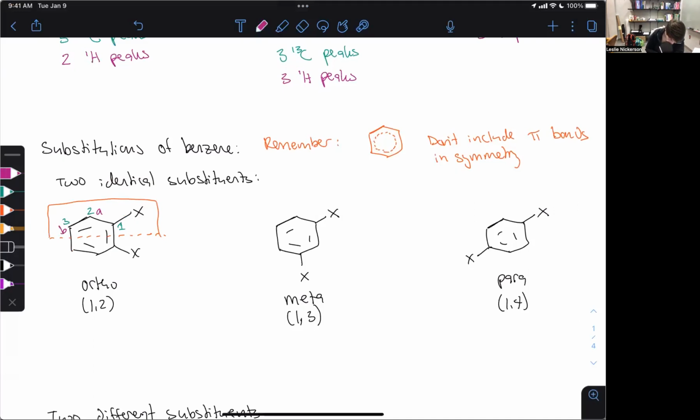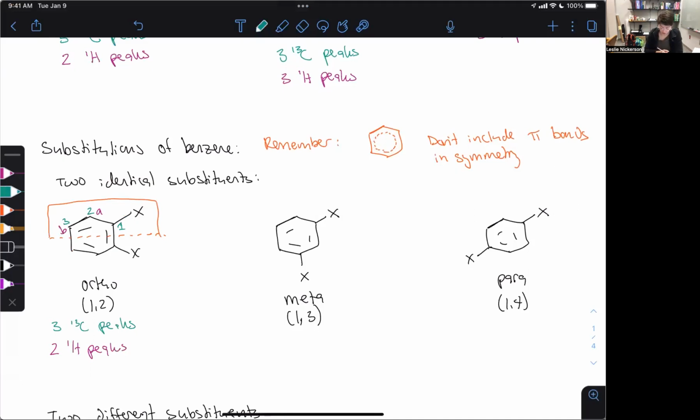For proton, we've got 2 proton peaks, and for carbon, we've got 3. This is something that we're looking at specifically in the aromatic region, and I'll talk about chemical shift in just a little bit. But that's what we're focusing on.